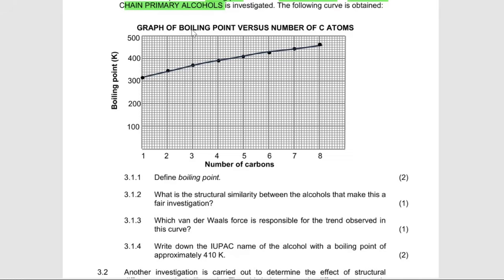So we need to know what the boiling point is. Take note, always start with the temperature. If this keyword is not there, your definition is going to be considered wrong, right?